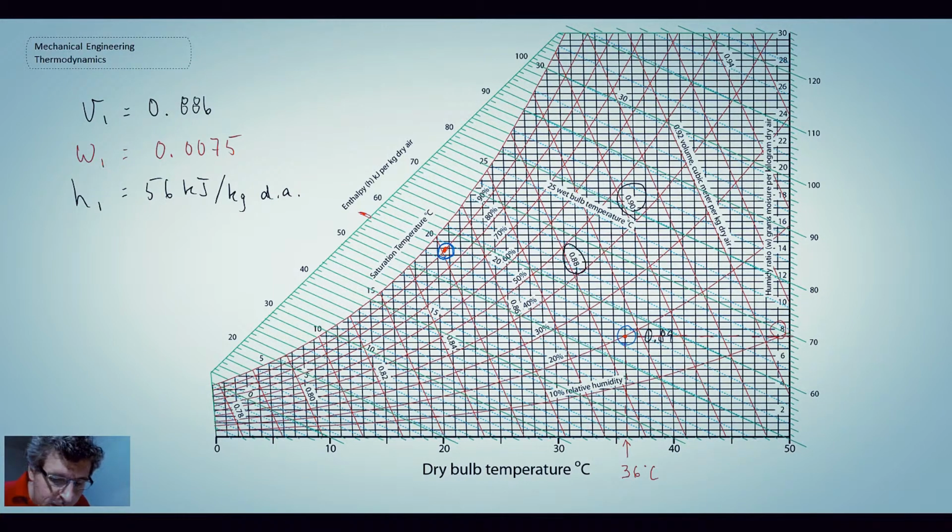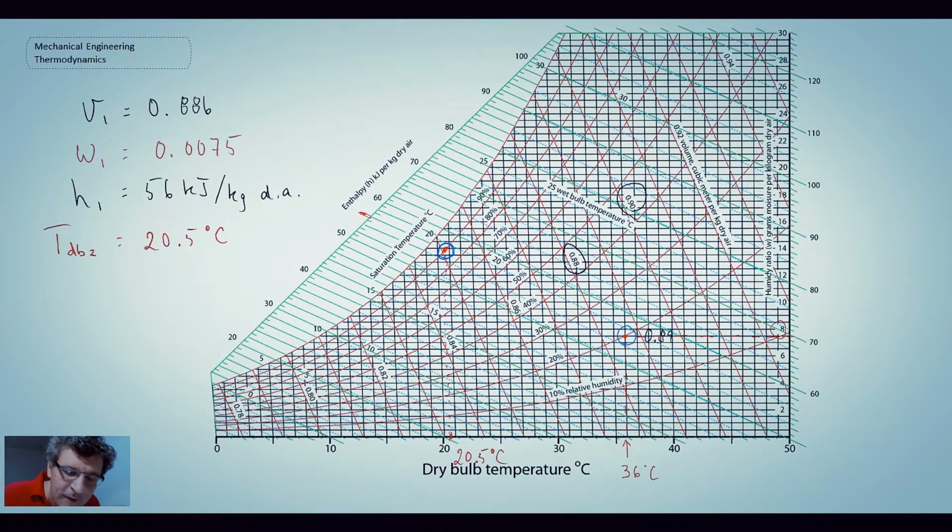Now what I'm going to do is strip off our different temperatures. To begin with, the dry bulb temperature, for that I'm going to come straight down. And I get a value right around there, which I would say is about 20.5 degrees C. So temperature dry bulb 2 equals 20.5 degrees C. And the other thing we want to find out is the amount of water being added.